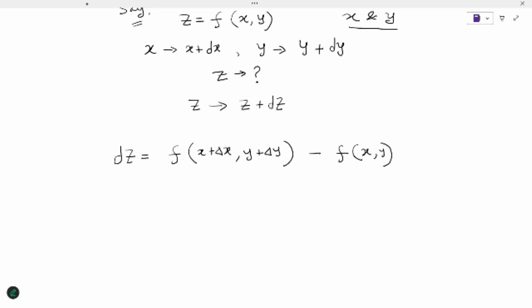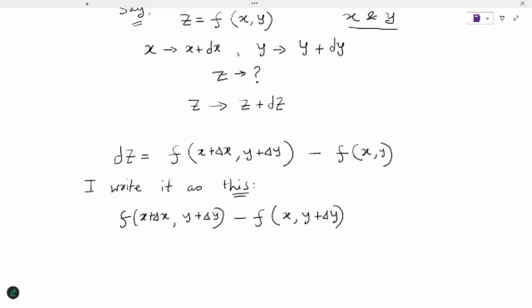Now I write it in this fashion, that is f of x plus delta x comma y plus delta y minus f of x comma y plus delta y, plus f of x comma y plus delta y minus f of x y.